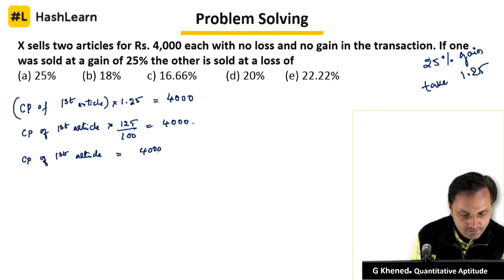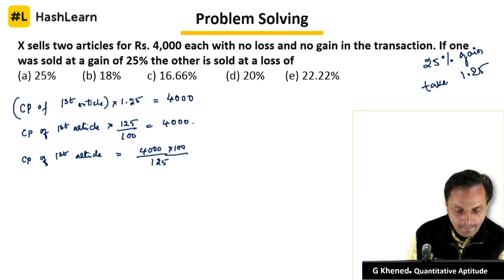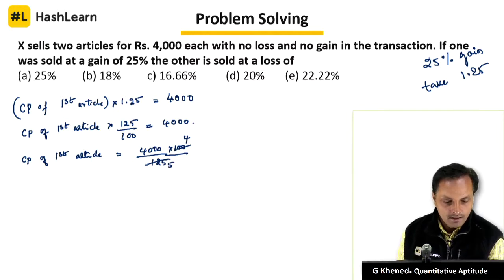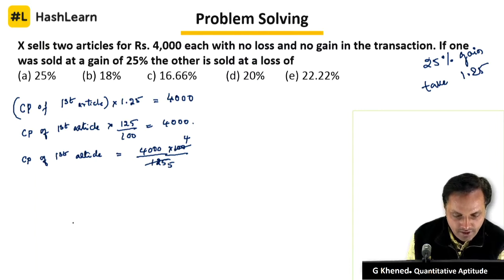4,000 into 100 by 125. If you cancel, 25 4s are 100, 25 5s are 125. Then again it will go in 400, 5 1s are 5, 5 8s are 40, 32.